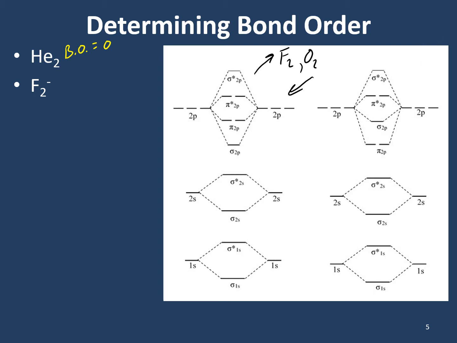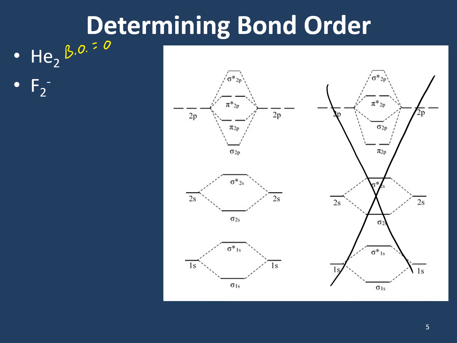Now, at this point, we also have another decision to make. We can use this diagram in 2 ways. 1, we can use all the electrons that F2- has, or 2, we could use only the valence electrons.